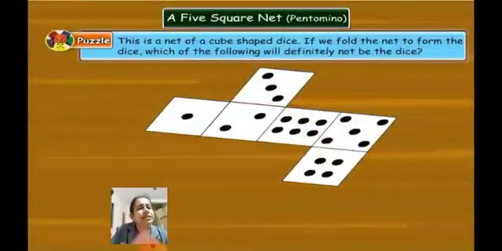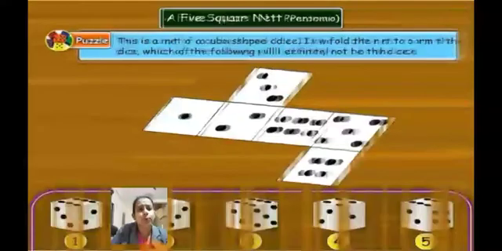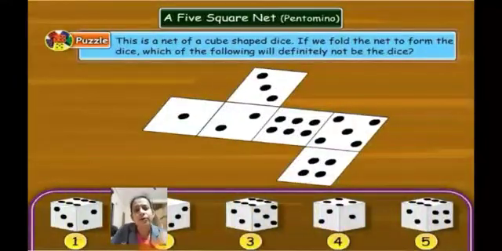This is a net of a cube shaped dice. You know what a dice is. You use a dice for playing Ludo and snakes and ladders. So here is a net of the dice. If we fold the net to form the dice, which of the following will definitely not be a dice?